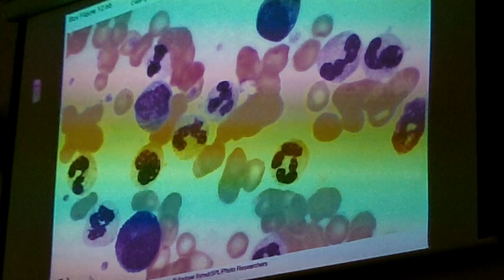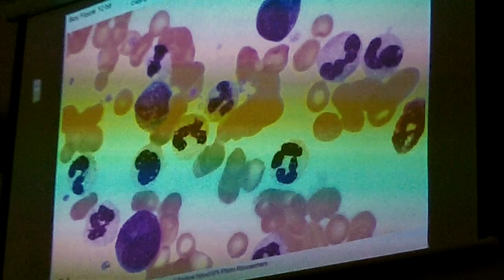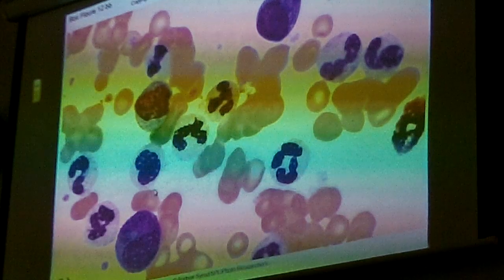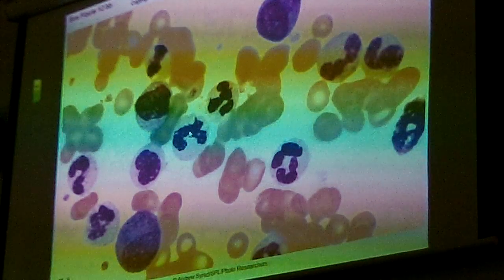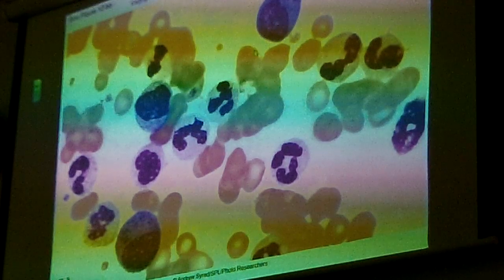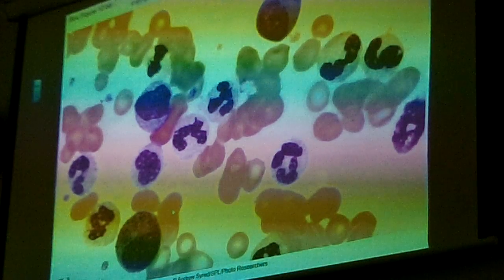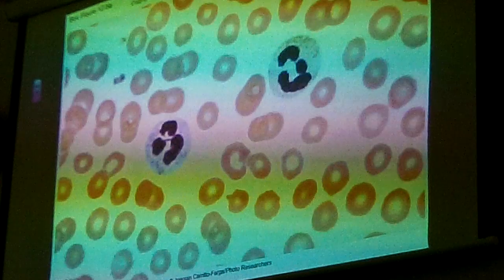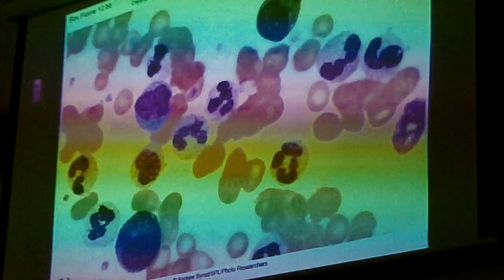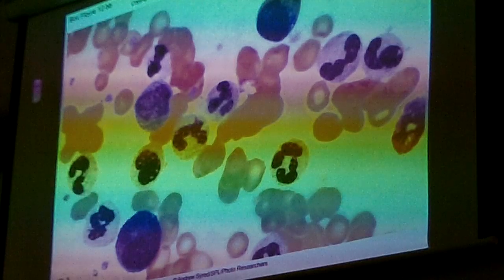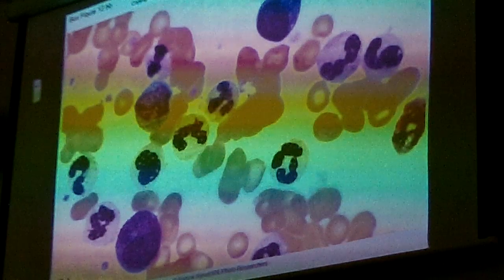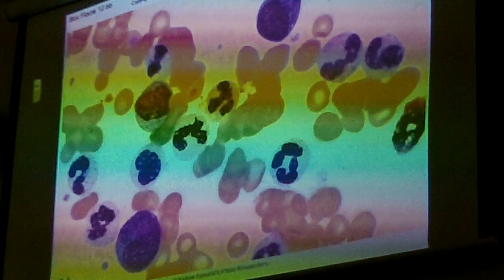Too many white blood cells. Why are the red ones all clumped together? That's a good question. They look like they're clumped up, don't they? I don't know. Maybe there's something in the blood that makes them clump.